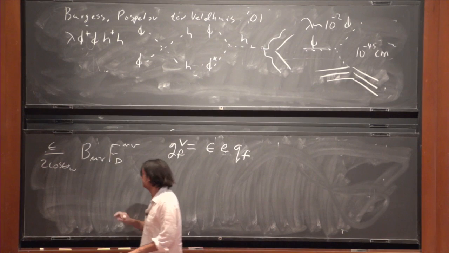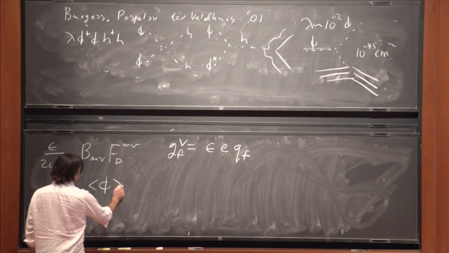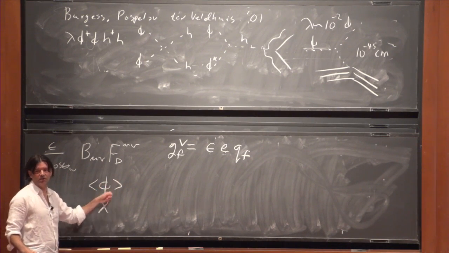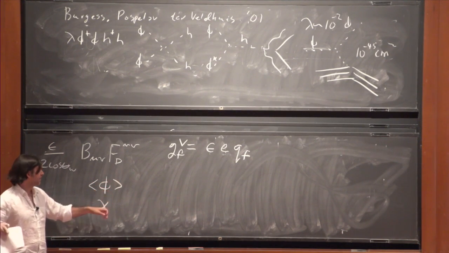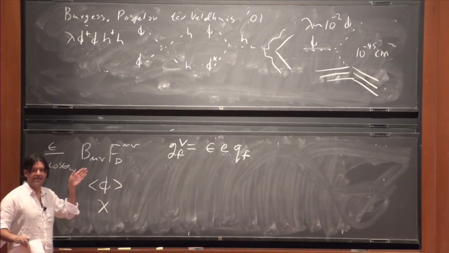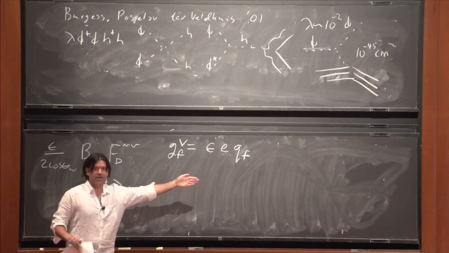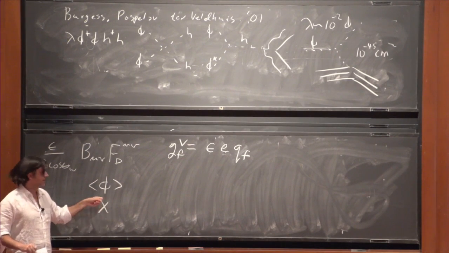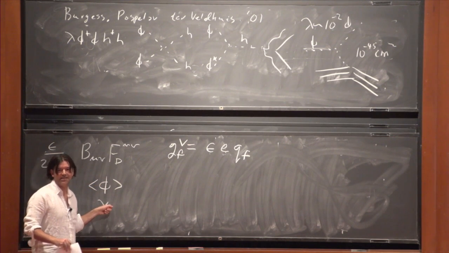And there's a reason for that: you have a dark Higgs, phi, and you have your dark matter chi, and the assumption is that they start off charged under the same U1. When you diagonalize your kinetic mixing matrix, they are still talking to the same U1, so when phi gets a VEV, it gives a mass to one linear combination of these vector bosons. That massive linear combination is precisely the same linear combination that dark matter talks to. Therefore, the thing that phi gives a mass to is the same thing that dark matter talks to, which means that dark matter only talks to the massive gauge boson. Okay?